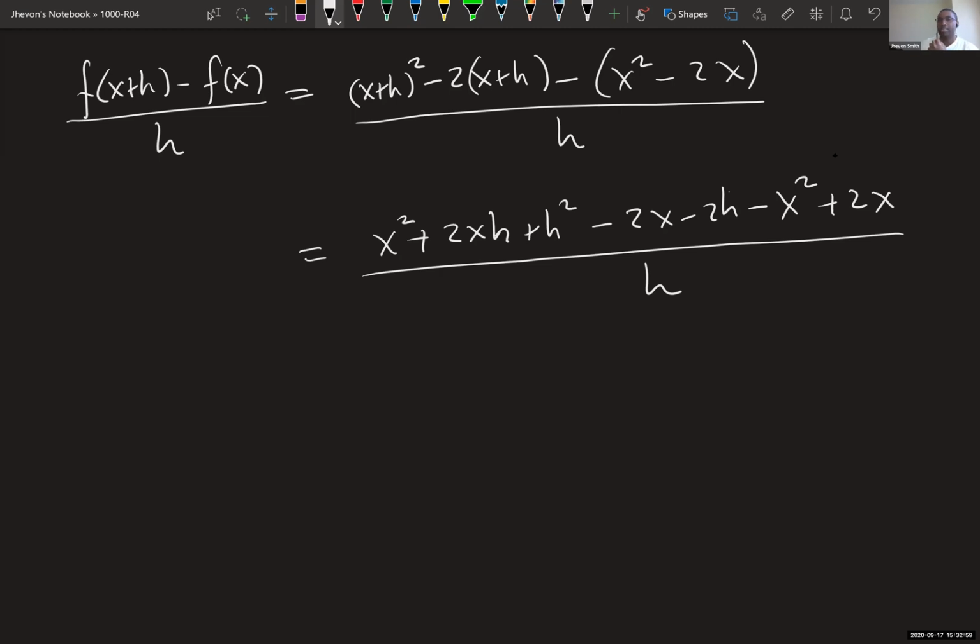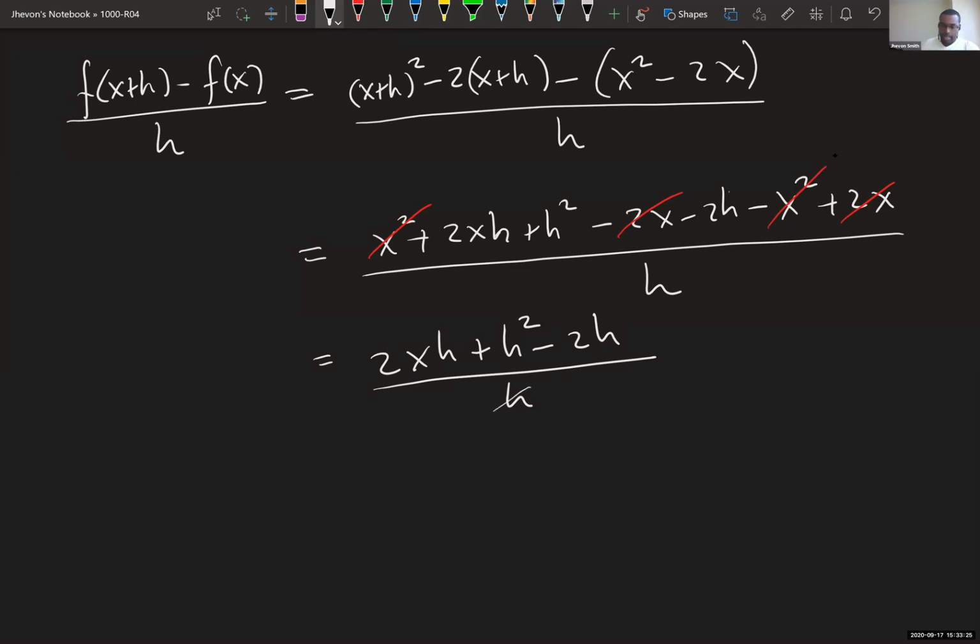At this point, we follow the process that we did last time. You combine like terms. So the x squareds die. The 2x's die. And we have here 2xh plus h squared minus 2h all over h.